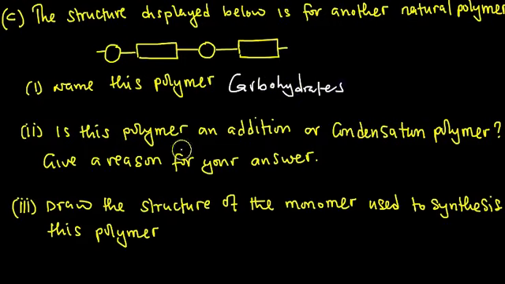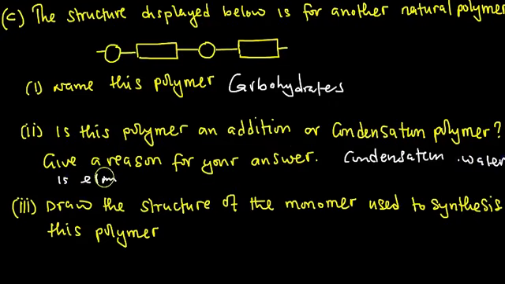Then is this polymer an addition or condensation? So the polymer is condensation, because during the process water is removed. So condensation polymer. Then give a reason for your answer. Okay, water is eliminated.